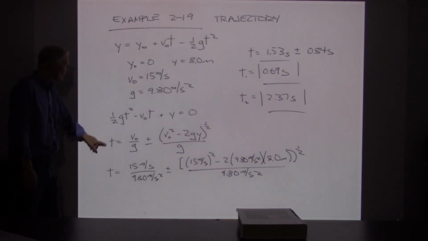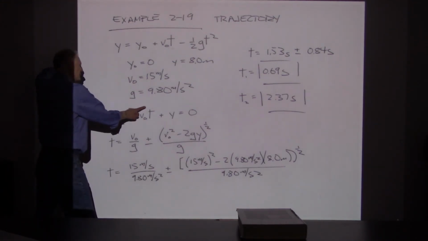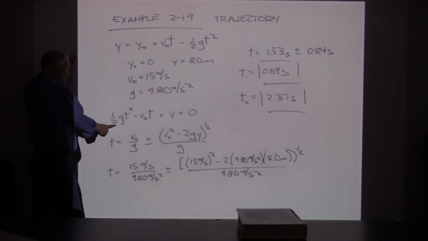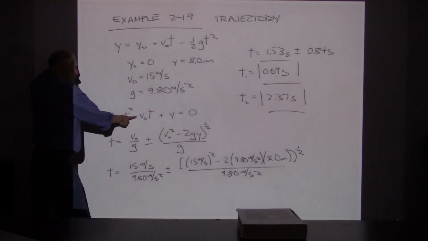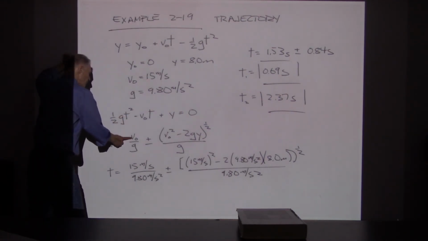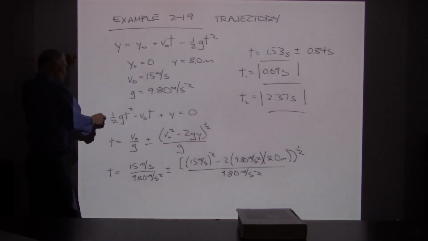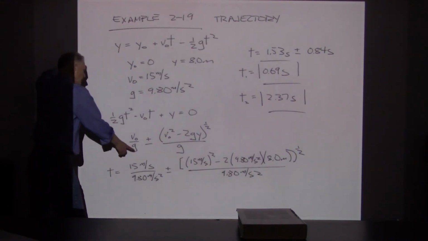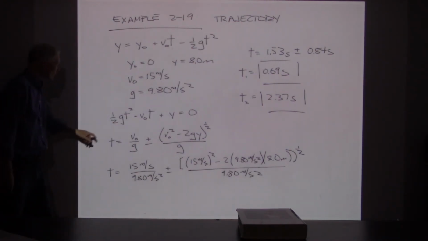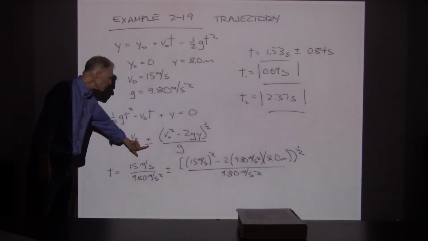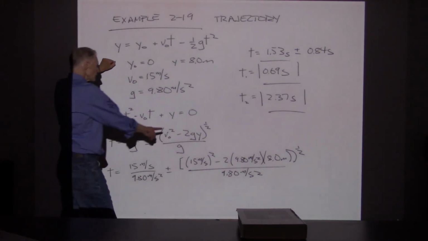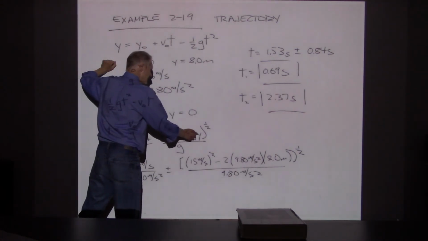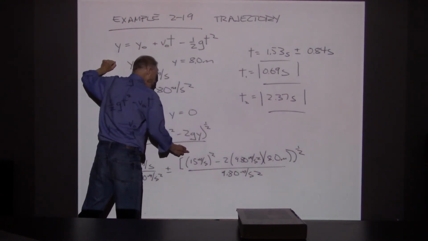And so t is equal to minus b over 2a. Now the minuses cancel. I'm left with v naught over 2 times 1/2 g, and that's just a g that's left over. So t is equal to v naught over g plus or minus the square root of b squared minus 4ac, over 2a.